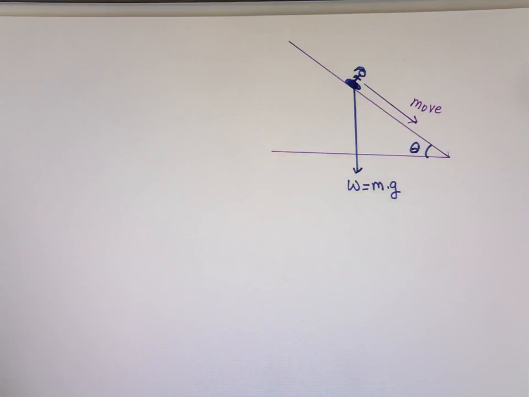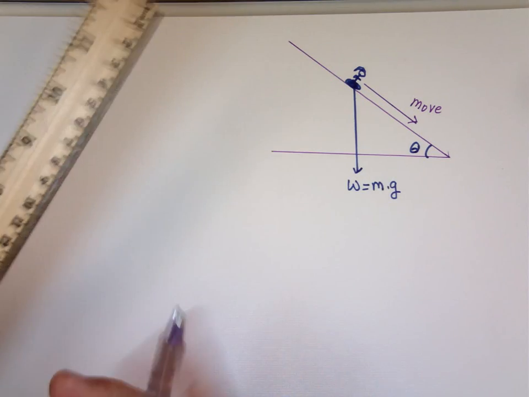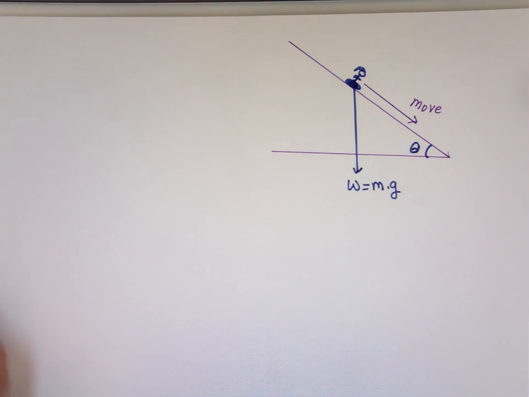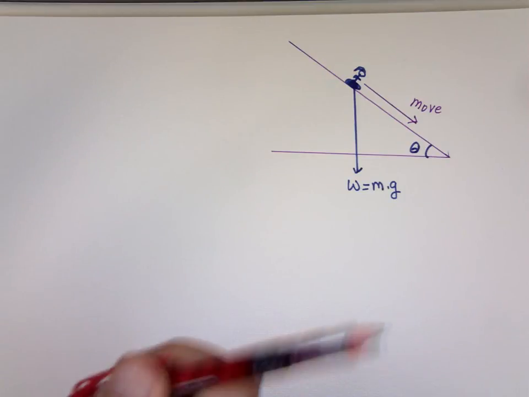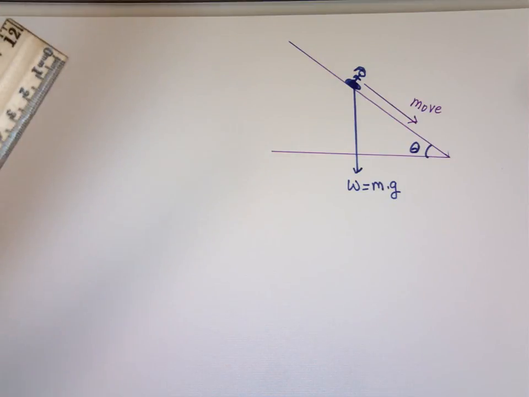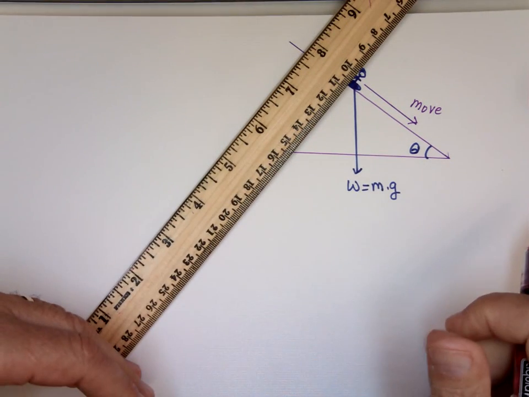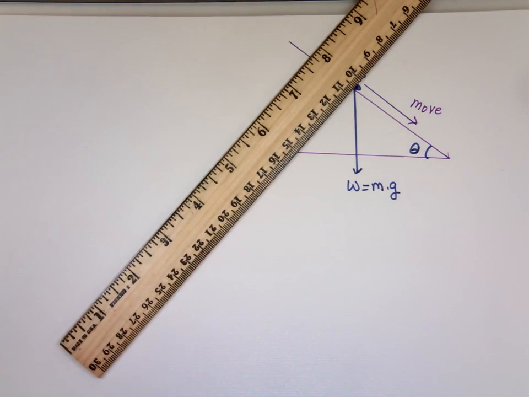Now, since you're sitting or standing on the slope, the ground is pushing up on you. I forgot to mention this part: the normal force is always perpendicular to the surface. Everything we did so far had a flat surface; now this is not flat. So your normal force is at 90 degrees to the surface.